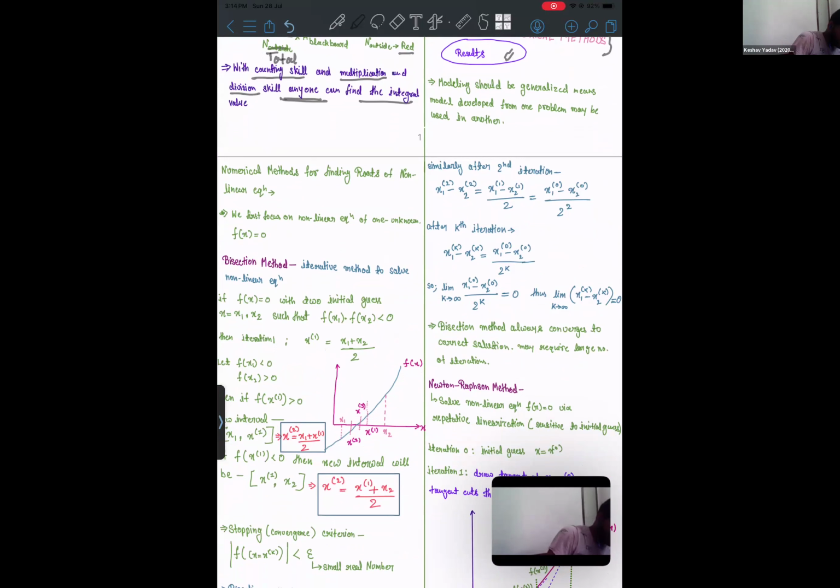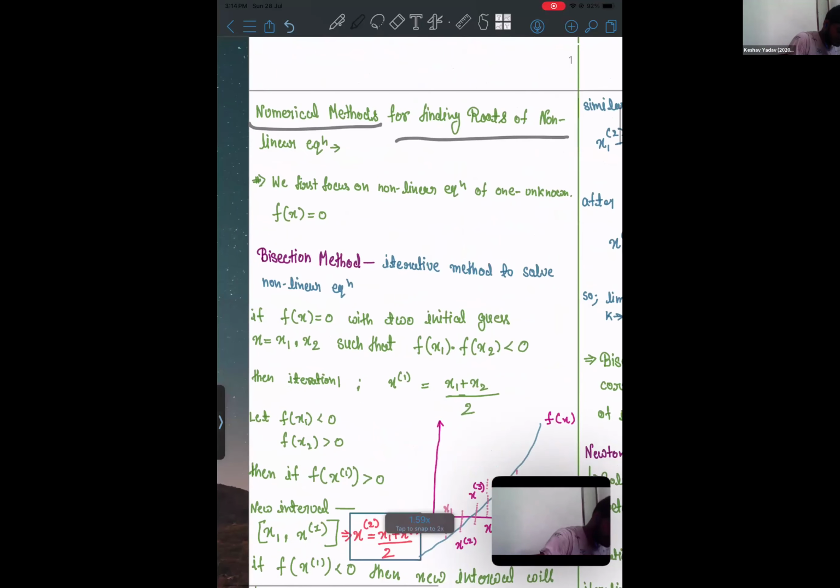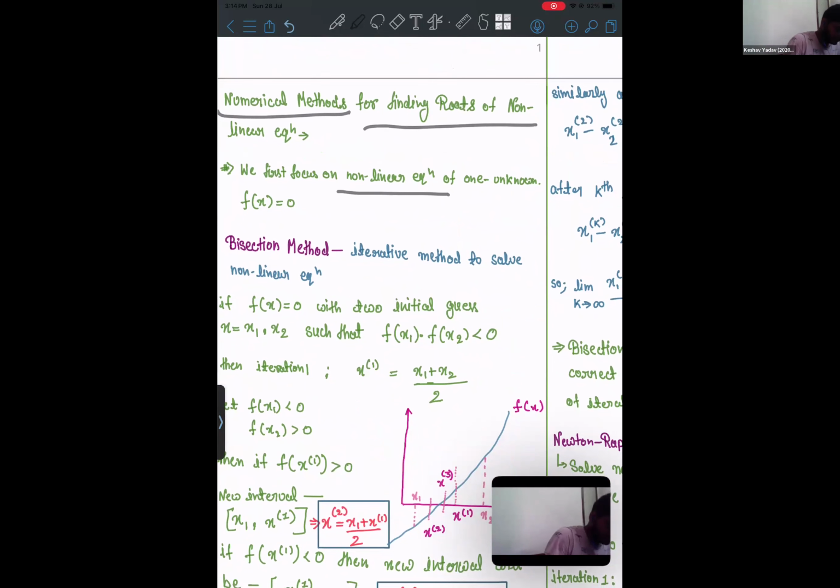Now, some numerical methods to find the roots of a nonlinear equation. First we will start with a nonlinear equation with one unknown. Okay. The first method is the bisection method.